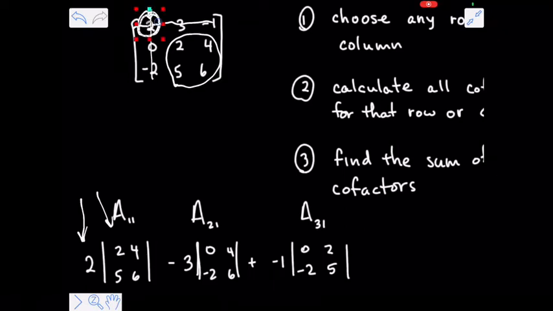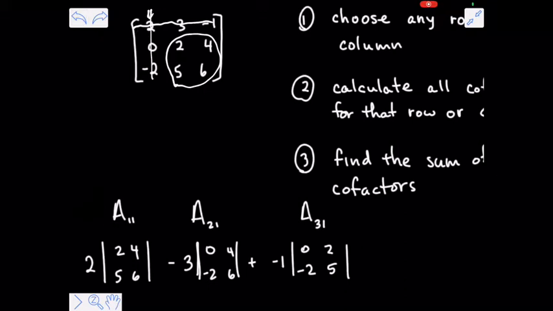So now I still calculate the cofactor here, but then I multiply it by that number there. So 2 times that cofactor. And then I move on and find the next cofactor across that row.